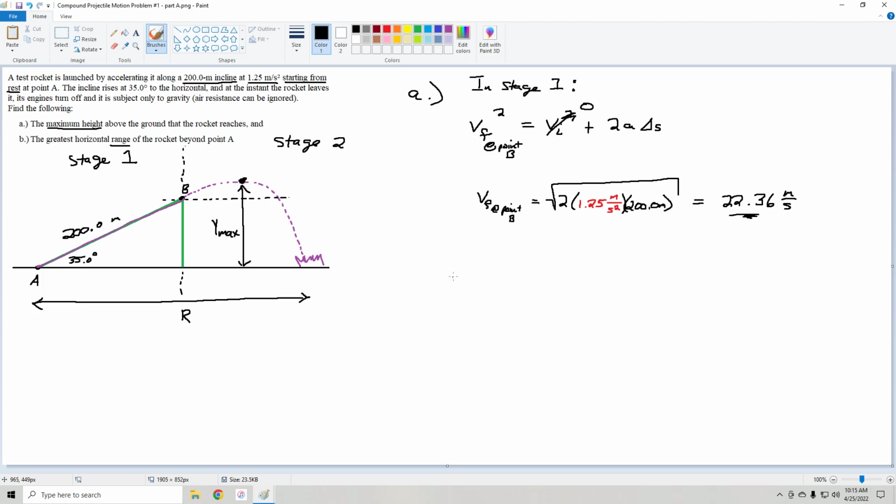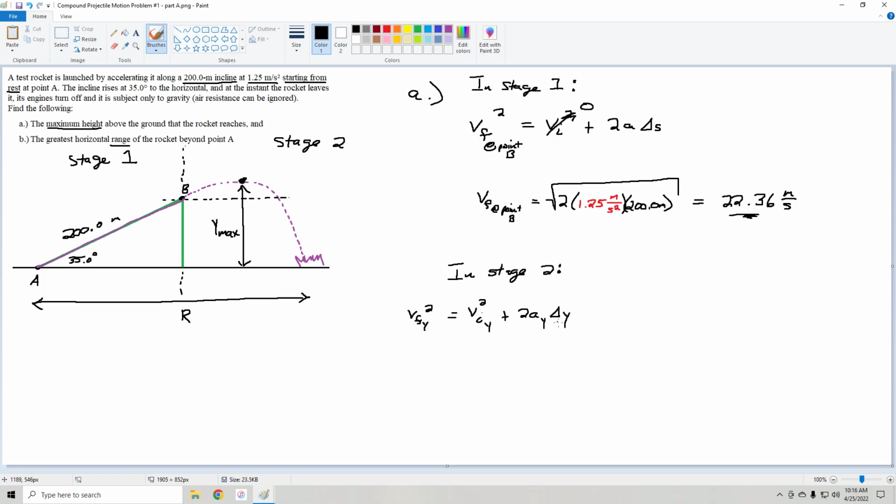We can end up using the same equation in stage 2, but we'll use the y component of everything and say that the final velocity squared y is equal to the initial velocity squared y plus 2 times any acceleration that occurs in the y direction times any sort of displacement that occurs in the y direction.